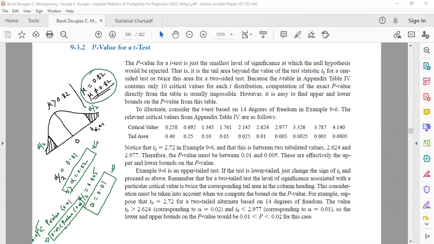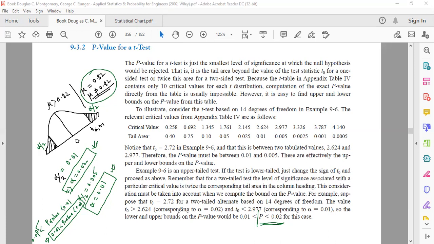Now, if you consider the one side only, the upper part only, that means at least you can say that you can consider this portion only, and you will say that my p-value is something which is less than 0.02. Once you find the p-value, the level of significance has been obtained.